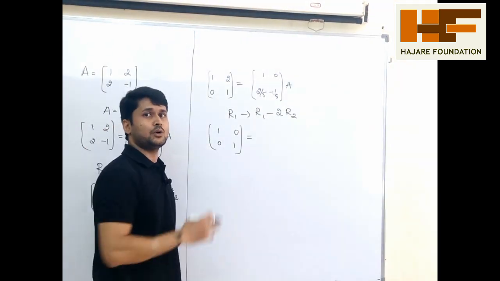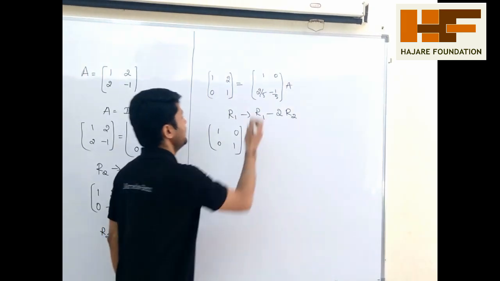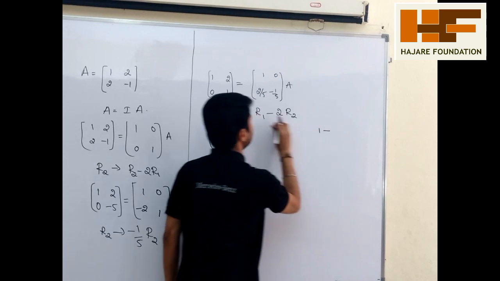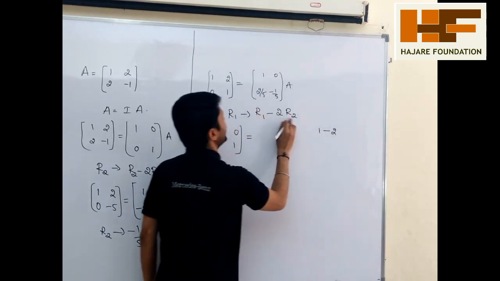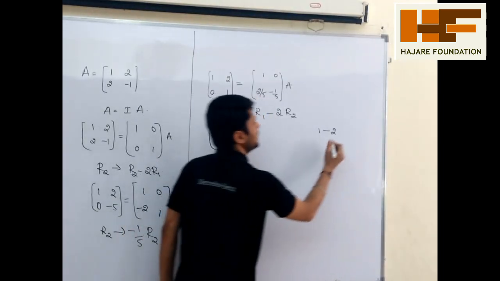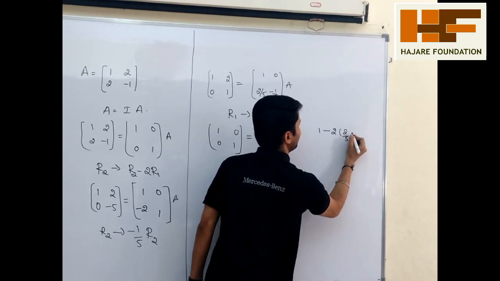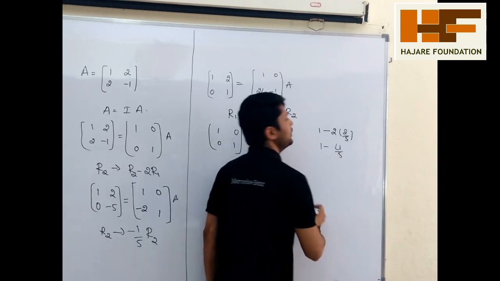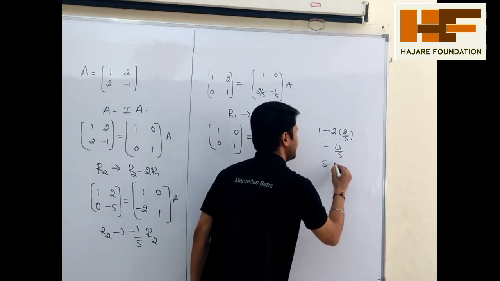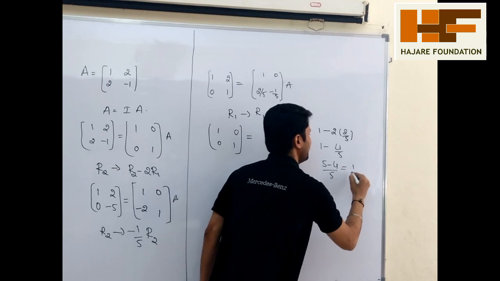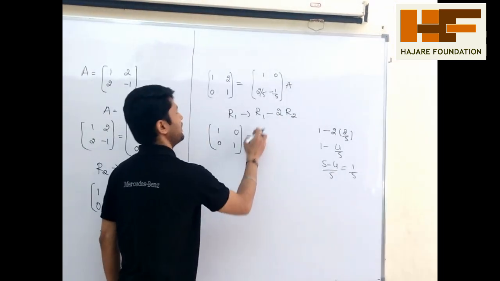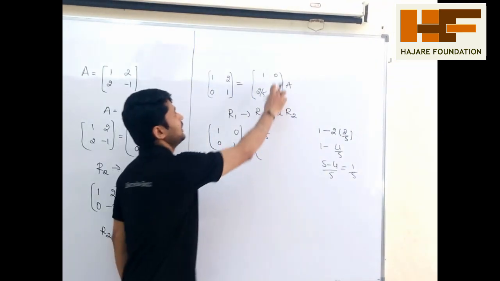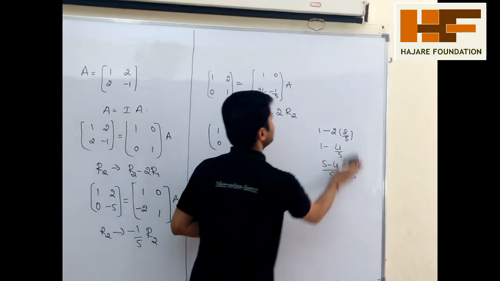Which is equal to, whatever operation we have done on the LHS, the same operation we have to do on the RHS side. What is the first row? R1, 1 minus 2 times R2. What is the R2 element here? Into 2 by 5. Simplify the term, 1 minus 4 by 5. Take the LCM. 5 minus 4 by 5 is equal to 1 by 5. Write 1 by 5 here. Next, go to the 0 element.